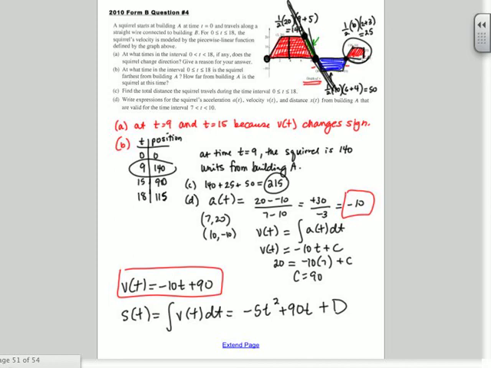So let's see, we don't know its position during that time. What do we do?